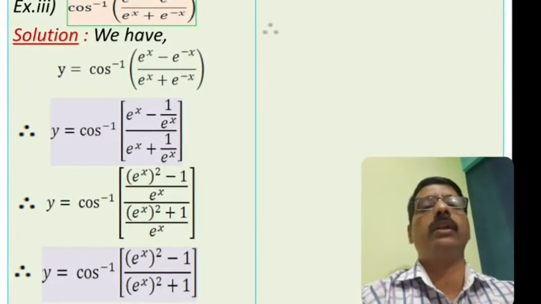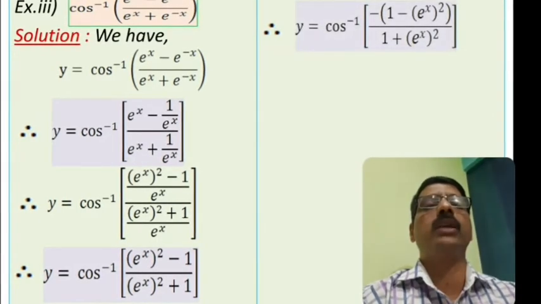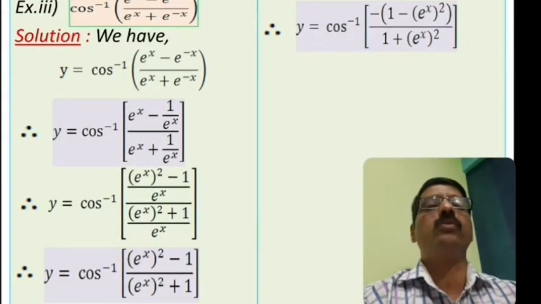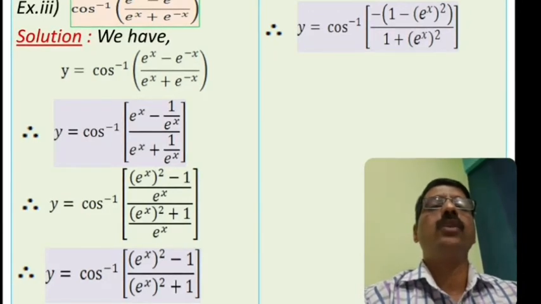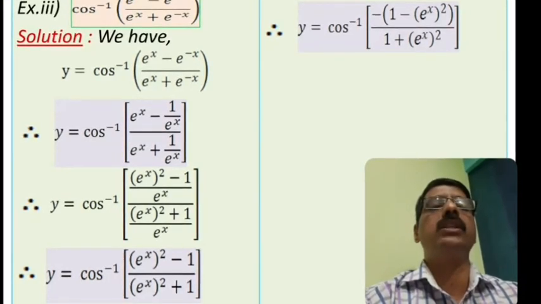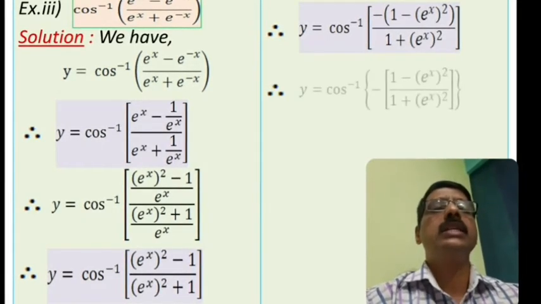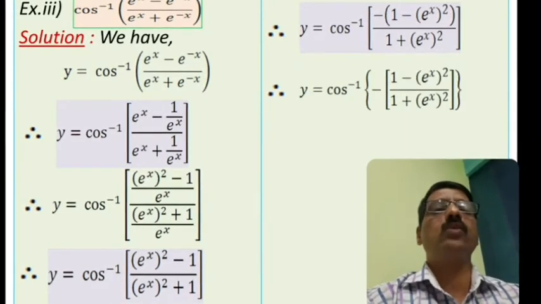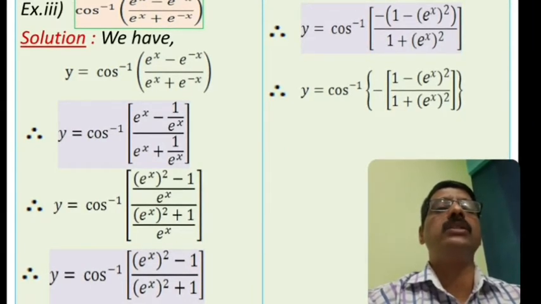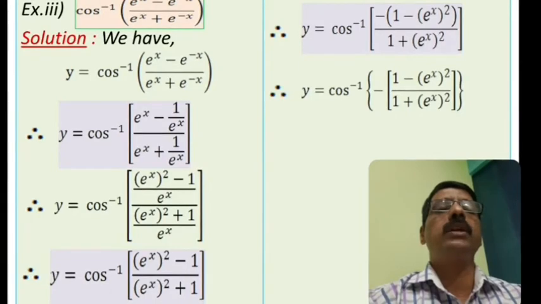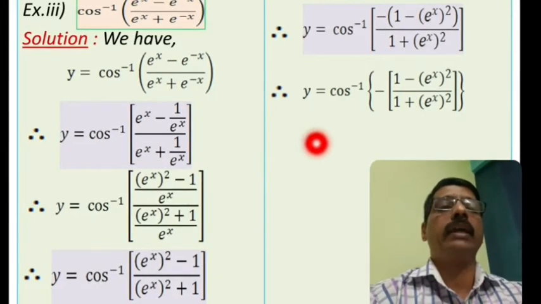Now minus 1 has to be taken outside the bracket in the numerator, and therefore we get y equal to cos inverse of minus (1 minus (e raised to x) square) upon (1 plus (e raised to x) square). Again, that function is written in the form of y equal to cos inverse of minus, whole bracket (1 minus (e raised to x) square) upon (1 plus (e raised to x) square), only taking the minus out of the bracket.